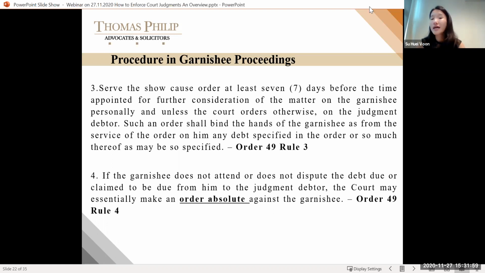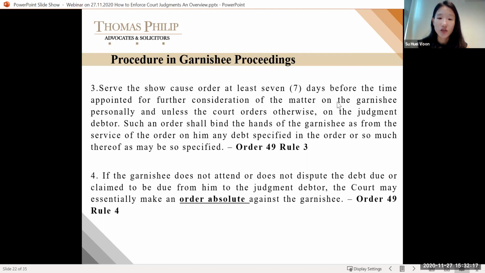Then what usually happens is that the bank, having notice of this show cause order, will usually inform the debtor that this amount has been frozen pursuant to the show cause order. So usually at this point, the judgment debtor will also have notice.